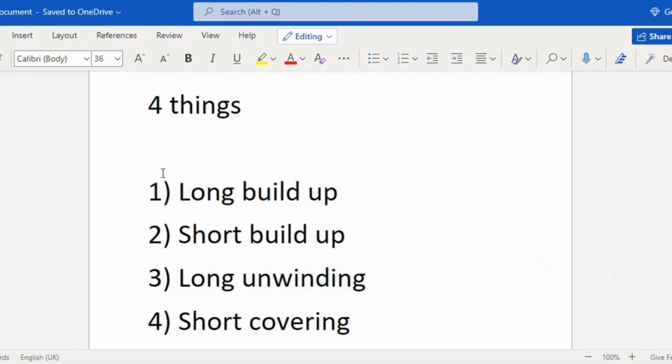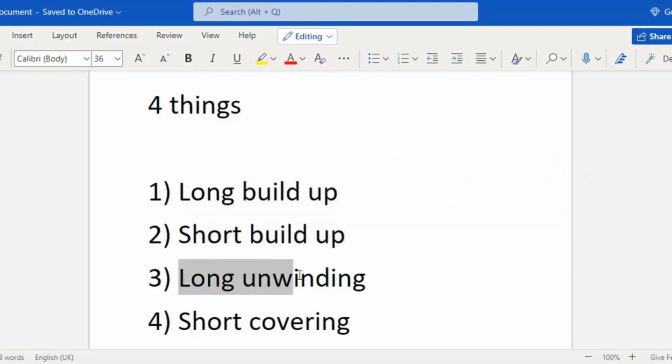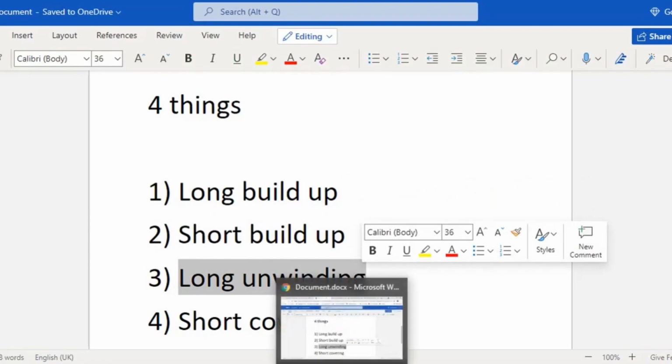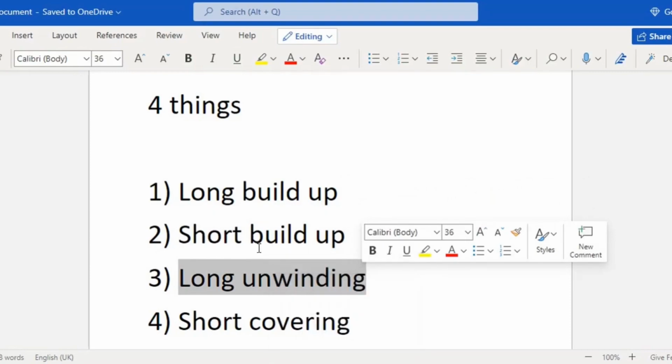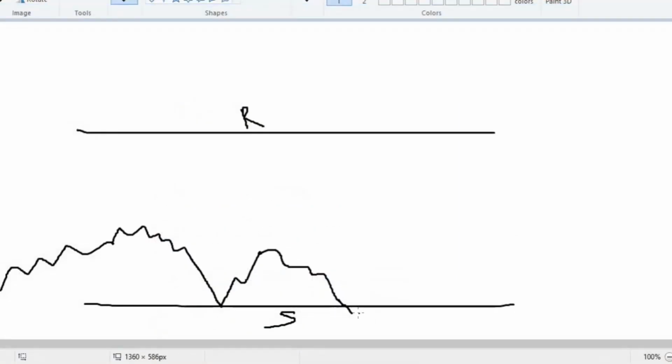Getting the concept? Long buildup is new fresh long entries. Short buildup is new fresh short entries. Long unwinding is when the market goes against the long people and they cover their longs, exiting from their longs. And the concept of short covering is pretty much the same, just on the opposite side.